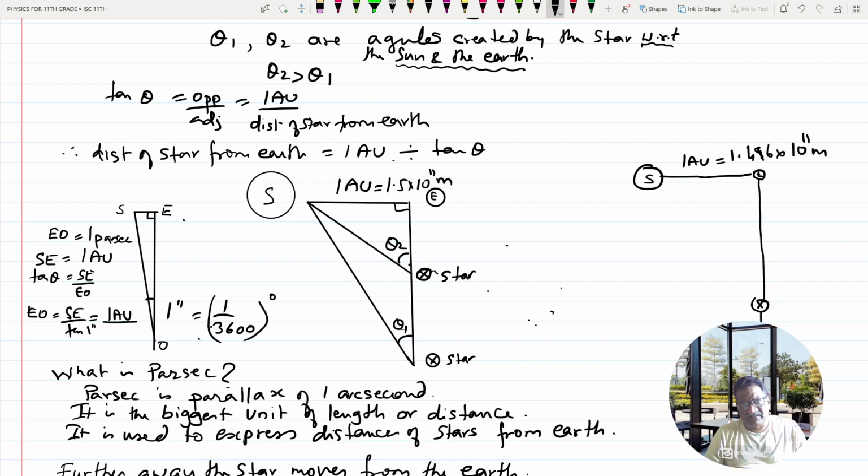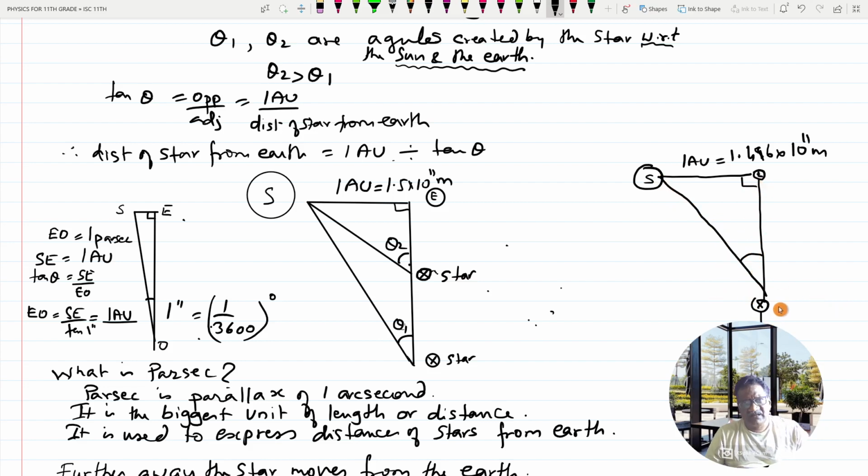So now there's this position, then further away in this position. What I'm trying to say is this star which you are trying to see from the earth along this perpendicular direction: when the star is nearer to the earth, then if you join this line, this angle will be larger.